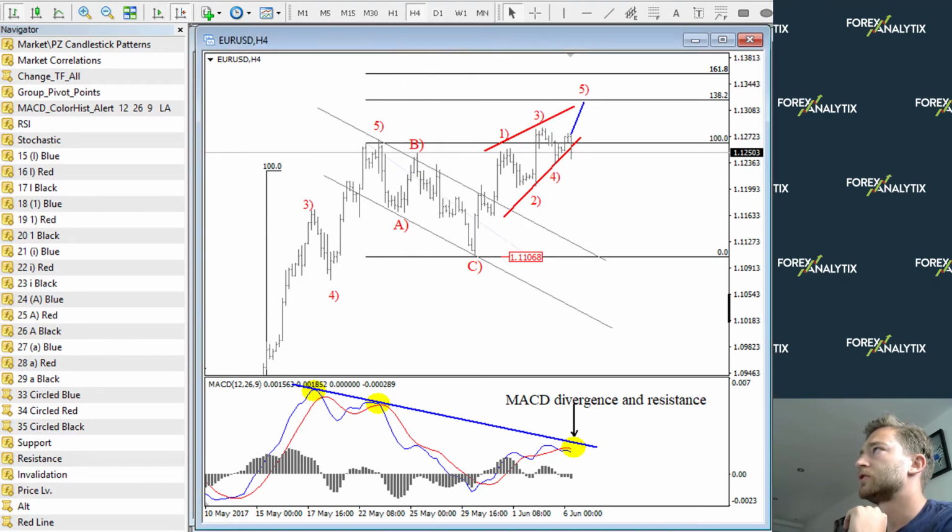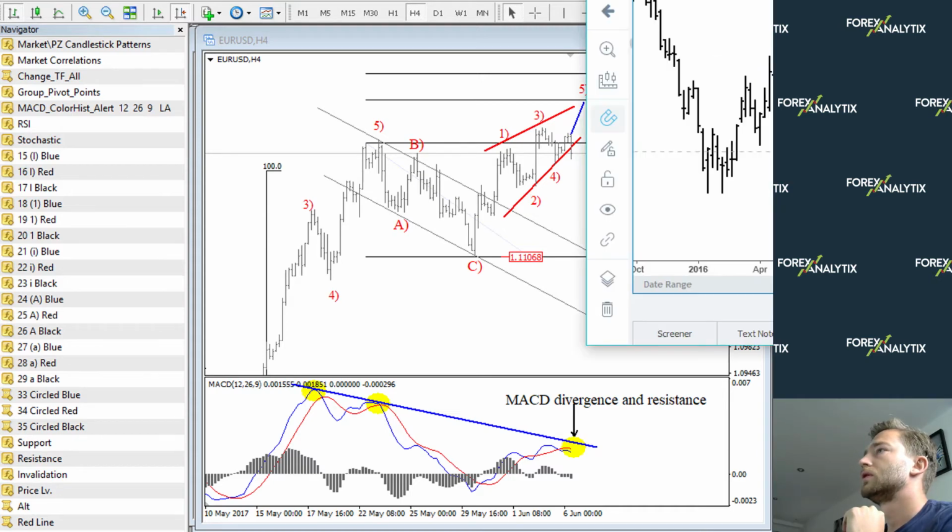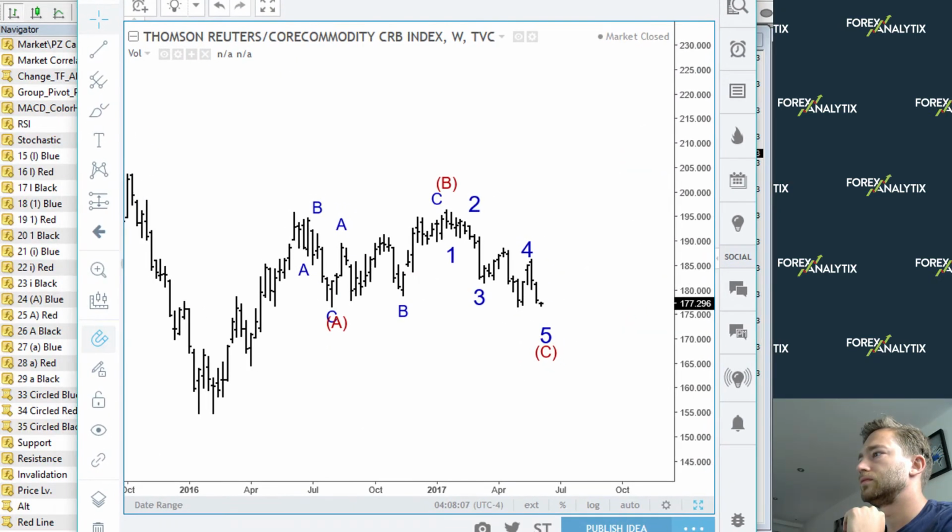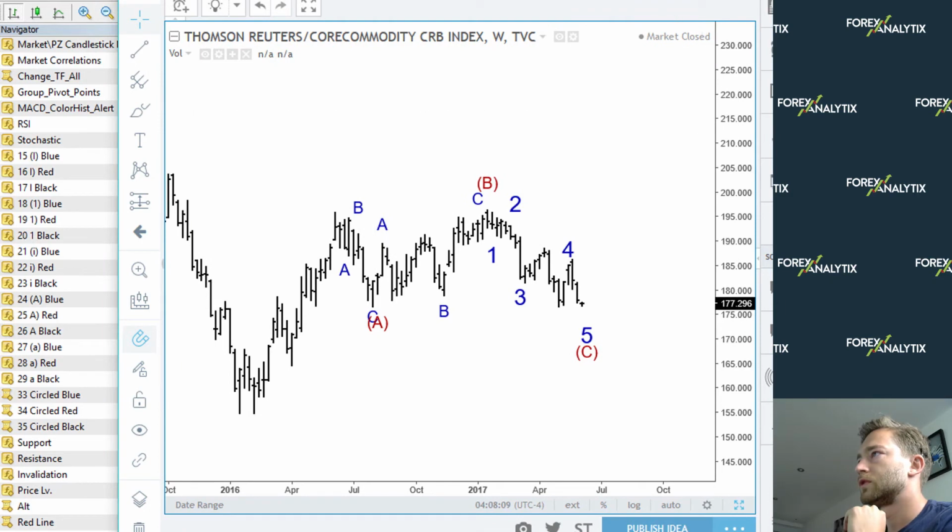Okay, the next thing I want to take a look at is 10-year US notes. Just give me a few seconds to show you what I'm looking at.